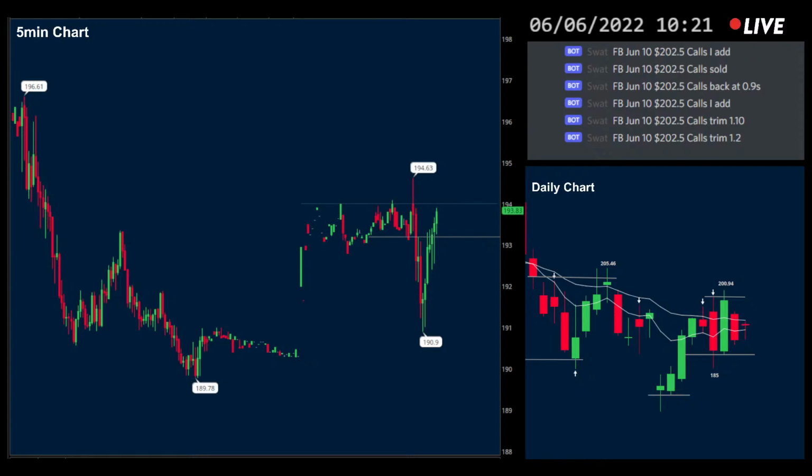Trimming some on Facebook. Facebook needs above 195. Above 195 it can go all the way into 200.